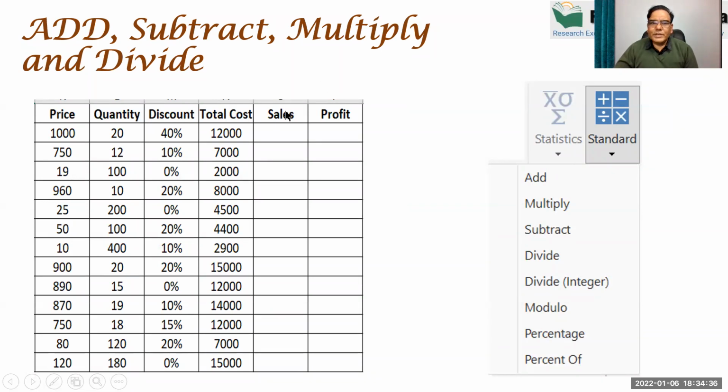So how to calculate the sales and the profit? We will apply some addition, subtraction, division, multiplication, and all. So we will apply these functions: addition, multiply, subtract, divide, modulo, percentage, percentage of. These are the number functions that we will learn today.